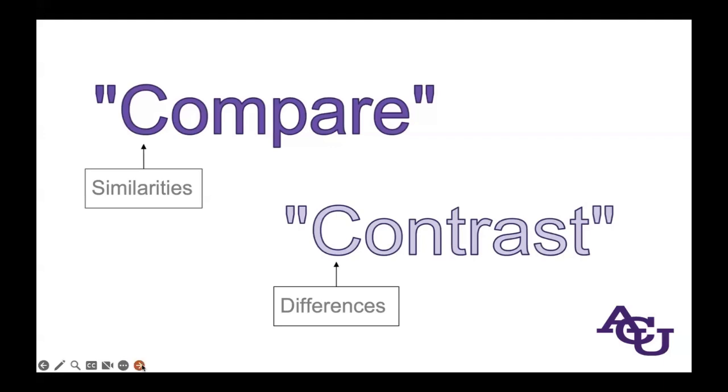Now, for this paper, you're tasked with comparing and contrasting family resiliency during conflict. How do families show resilience? How do they not show resilience? What happens during a familial conflict? Okay.